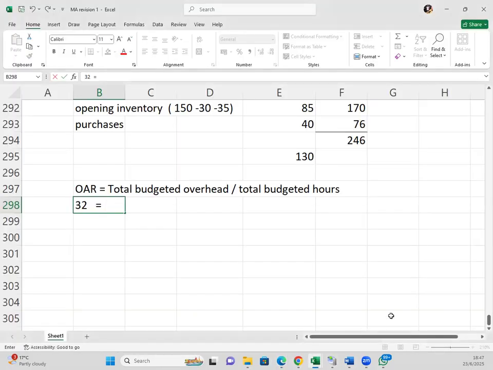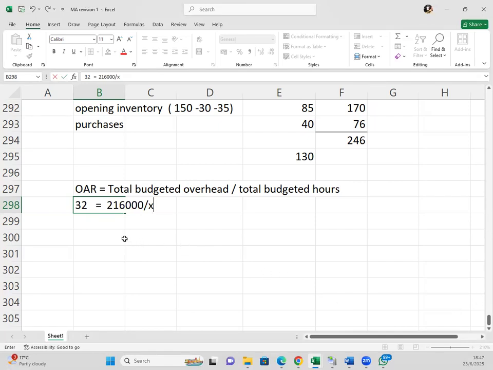So the budget is 216,000 over what we are looking for, which is the budgeted hours. The budgeted hours, I can call them X.